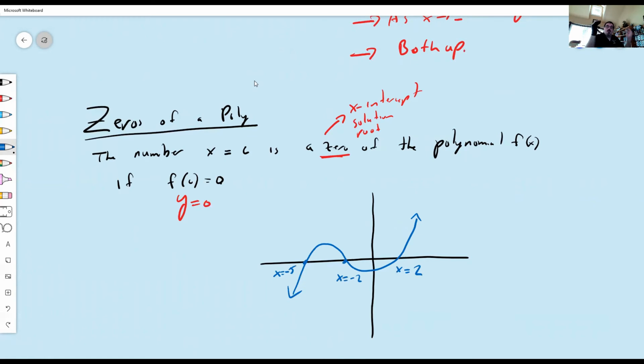Now note, the zeros are the points where y equals 0. And that would be wherever we cross the x-axis. So here, here, and here. Whenever you cross the x-axis is called an x-intercept.